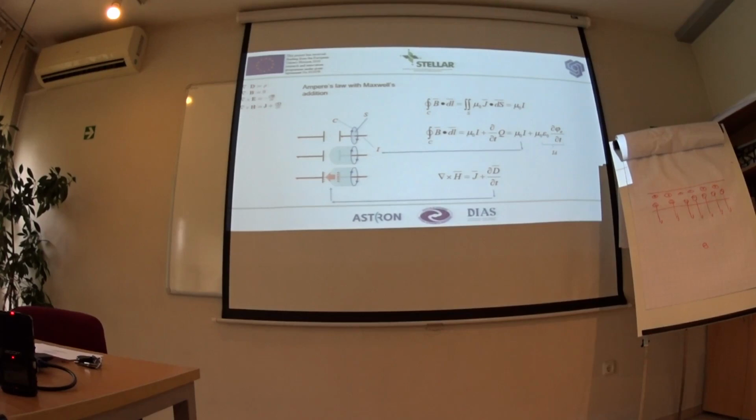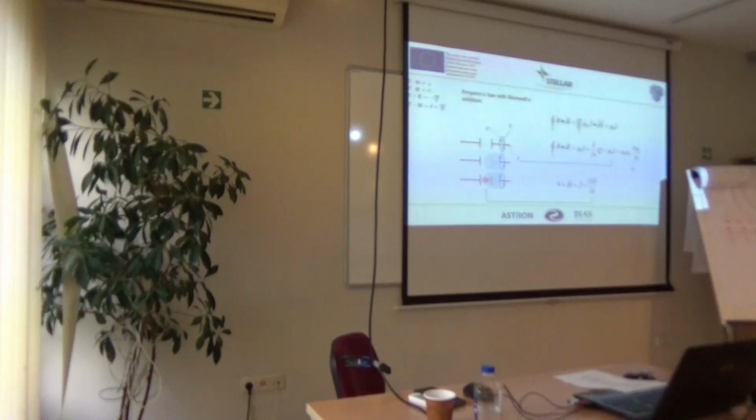And if an object starts to move, what will happen with its dimension in the direction of the movement? Exactly. Length contraction. It will shrink because of the relativity theory. And if it shrinks, what will happen with the charge density? It will increase.